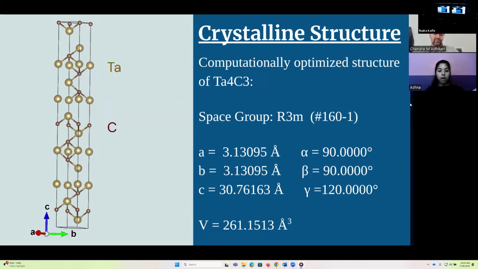The lattice parameters A and B are equivalent to 3.13095 angstrom, and C is equal to 30.76163 angstrom. The volume is 261.1513 angstrom cubed. The alpha and beta angles are equivalent to 90 degrees, and the gamma angle is 120 degrees.